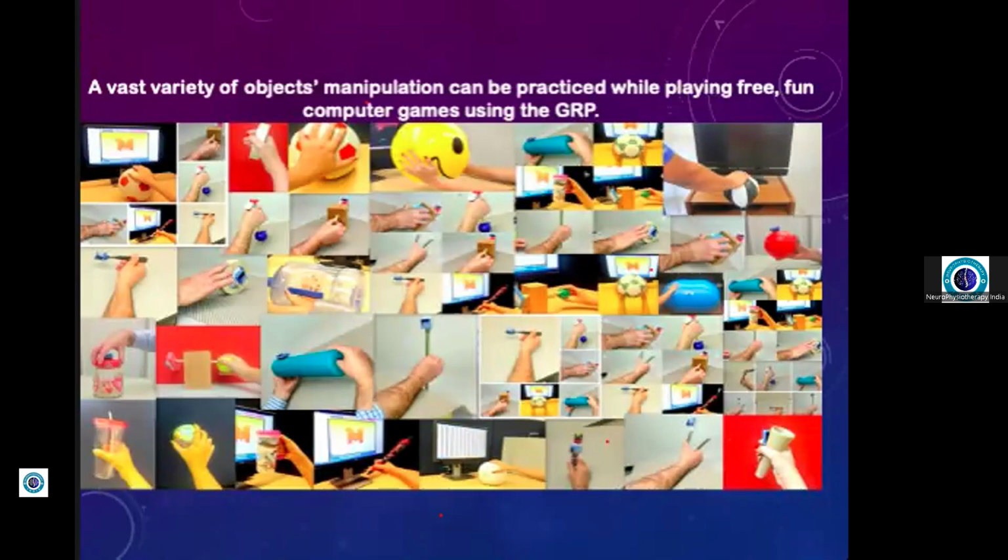So different physical properties of different objects, like different weights and shapes and sizes and friction and surfaces and degrees of freedom in which that object moves. For example, when you're rolling a cylinder versus rolling a ball, there are different degrees of movement.